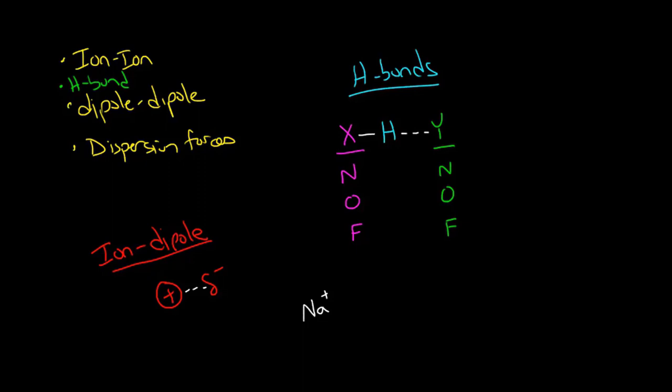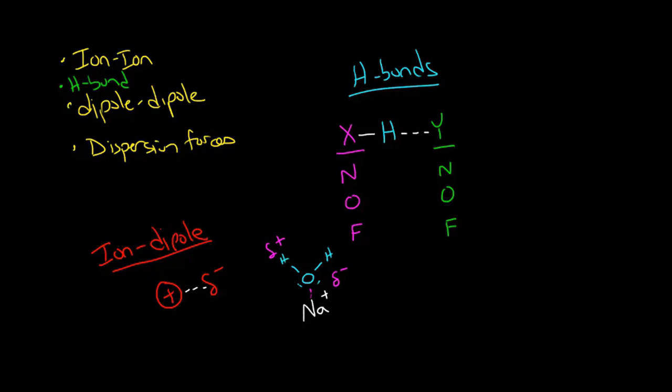The sodium has a positive charge, and it needs to interact with the negative dipole of water. When we think about water, we know water is a polar molecule, and it has a partially negative end and a partially positive end. This partially negative end interacts with the positive charge of sodium.